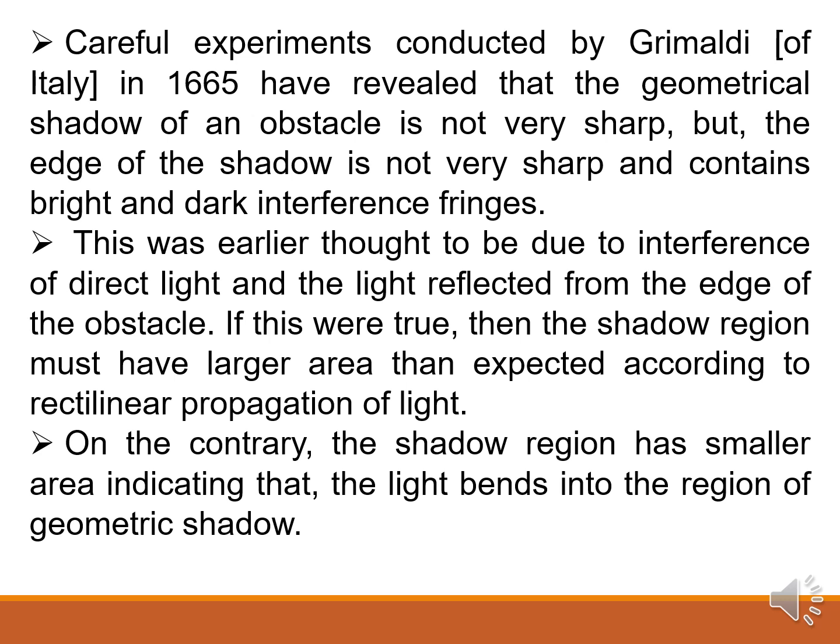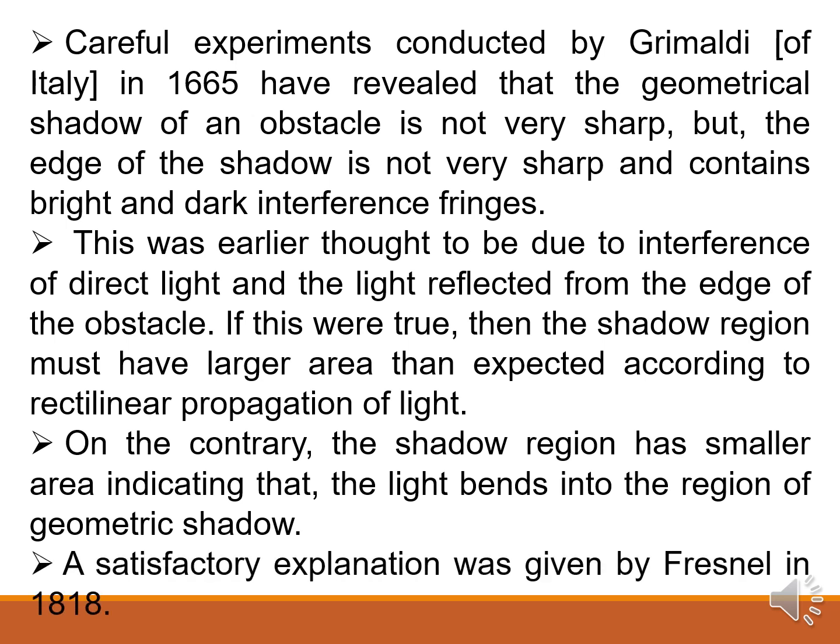Now, it was thought that due to interference of direct light and the light reflected from the edge of the obstacle, the fringes were formed. But if this were true, then the shadow region must have a larger area than expected according to rectilinear propagation of light. On the contrary, we have the shadow region of smaller area, indicating that light bends into the region of geometrical shadow.